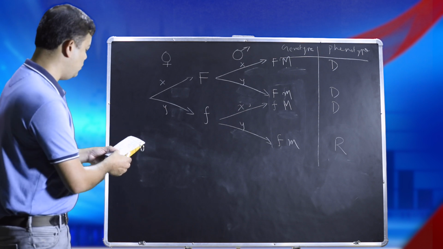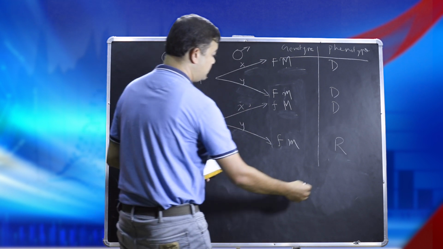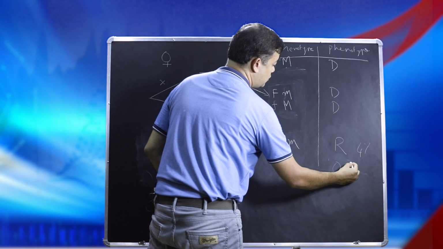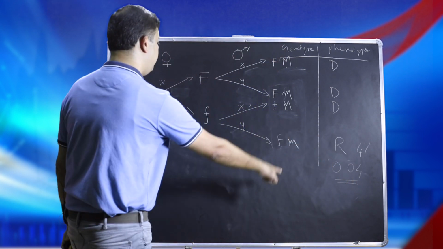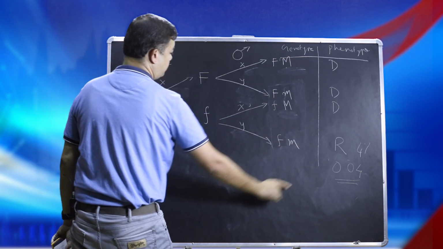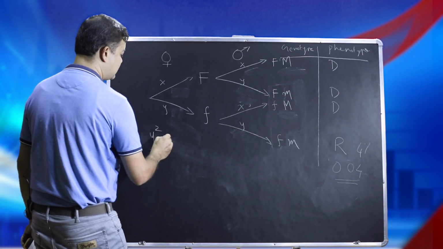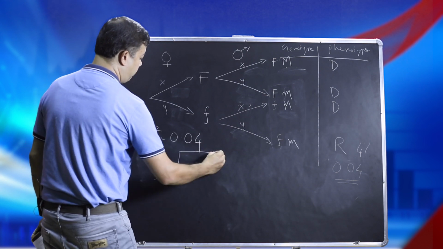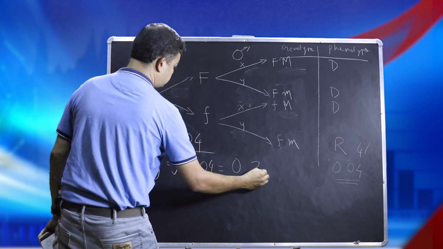In this case, what we know is that the recessive phenotype is 4%. 4% is nothing but 0.04 as a probability. So how did we get this 0.04? y multiplied by y is equal to 0.04, so that is nothing but y square. So y square is 0.04, and y is equal to the root of 0.04, which is 0.2.